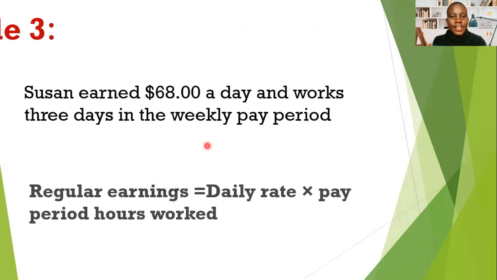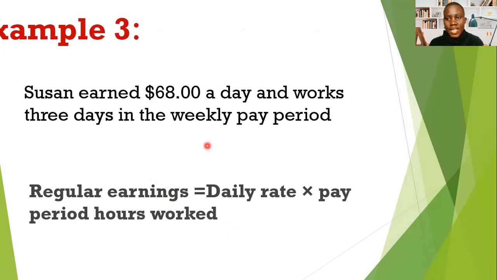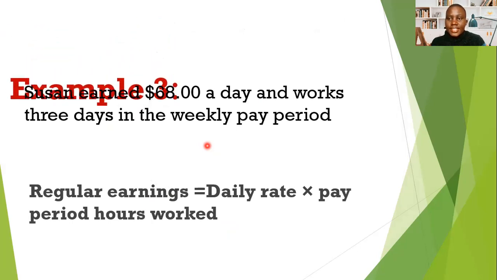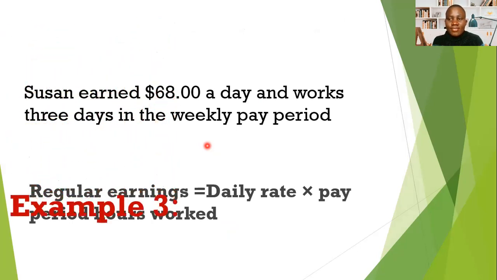Here we have example number 3. Sometimes companies decide to pay the employees daily instead of hourly, and this will be a fixed amount for that day. If you want to calculate for the whole month, you can see how many days you worked that month and what your daily rate was.